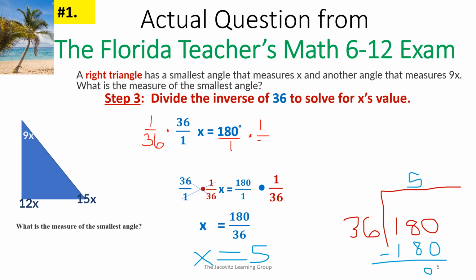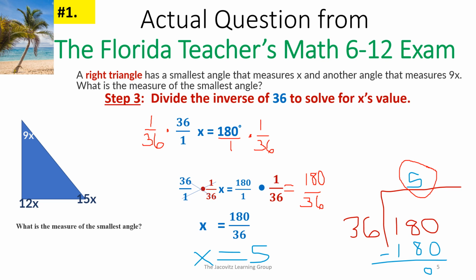And then what you do is you multiply straight across, and 180 times 1 is 180, and 1 times 36 is 36. So now you divide 180 by 36, you get 5. That's been done over here for you.